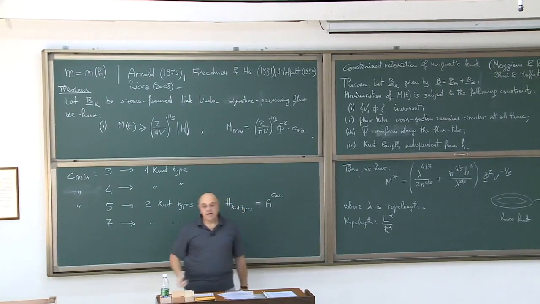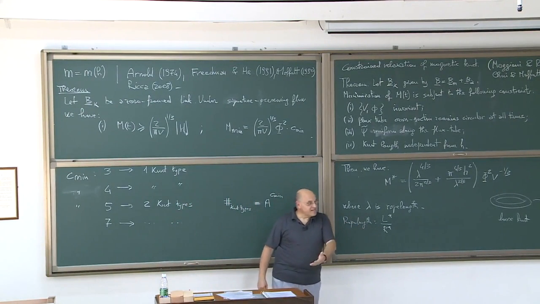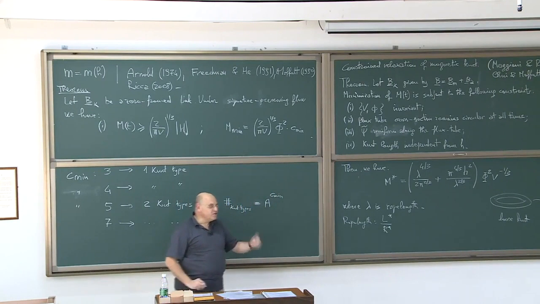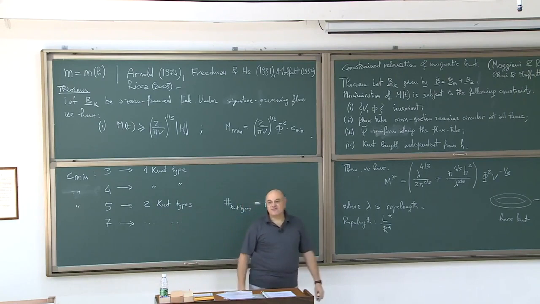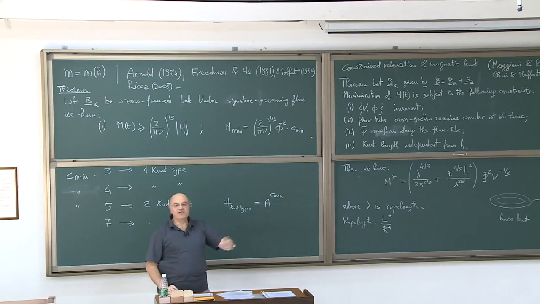Why am I saying this? Because if you ask a sailor or a mountaineer, they know very well which knot to use in relation to the function of the knot.